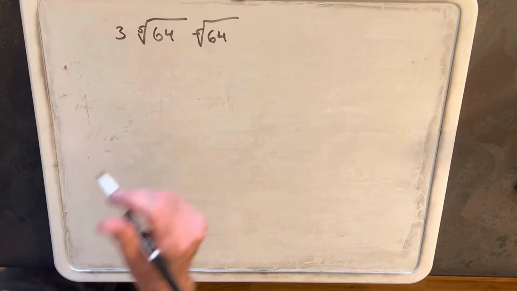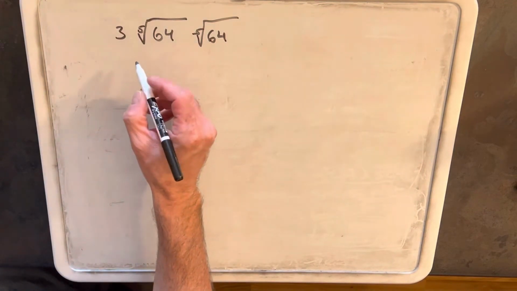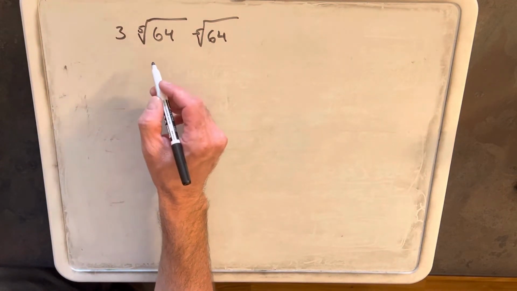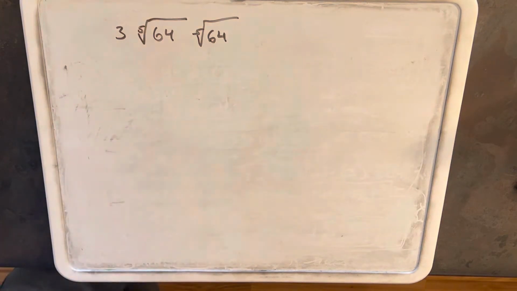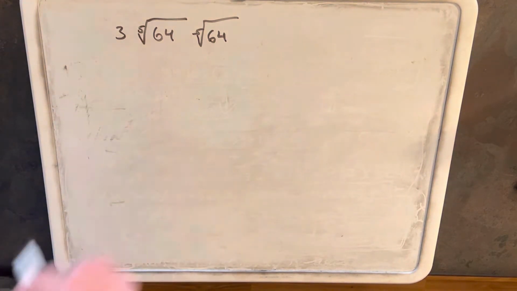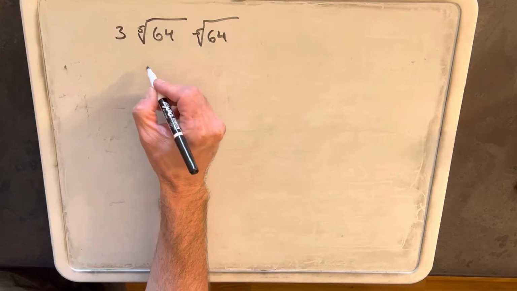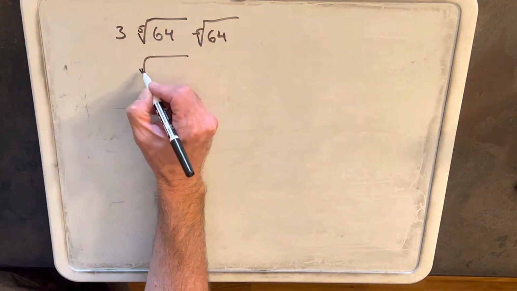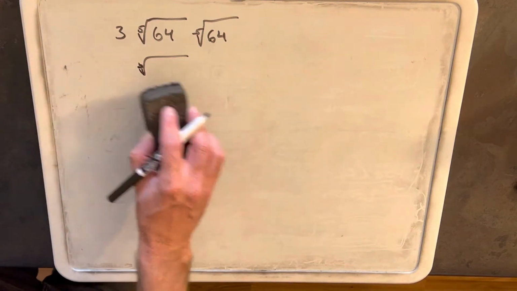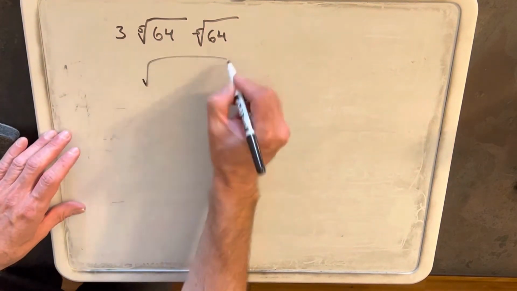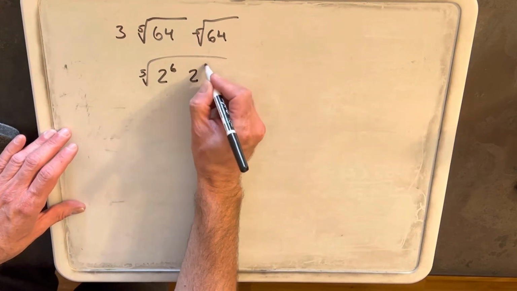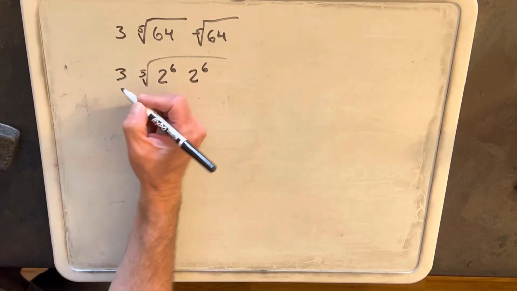So looking at this problem, we have 3 times the 5th root of 64 times the 5th root of 64, and what I can do is I can rewrite this a little bit. Well, since we have 2 5th roots, we can just put it under one radical sign. And I see I already made a mistake by having a pen that's not 100%.